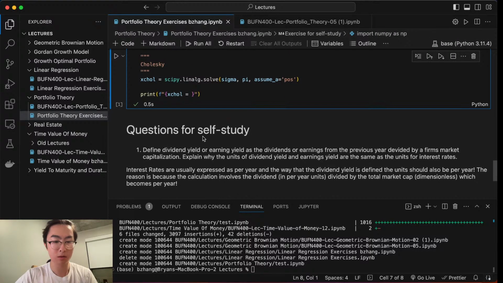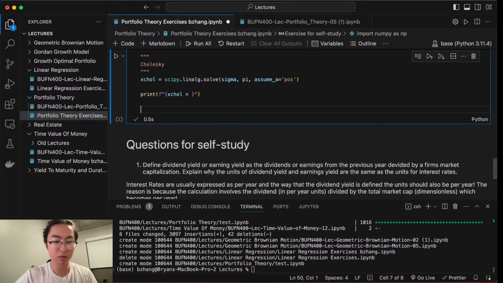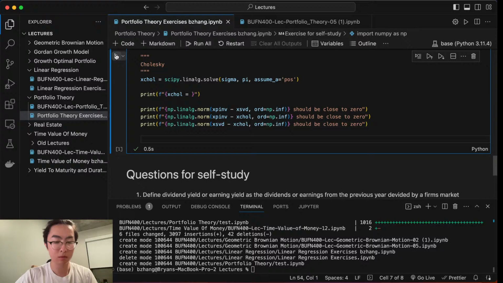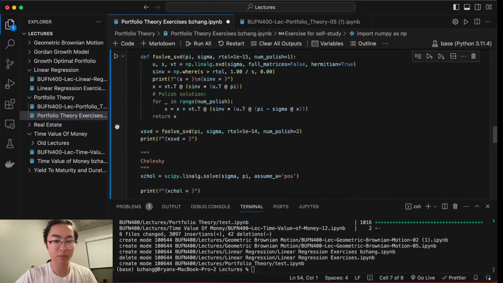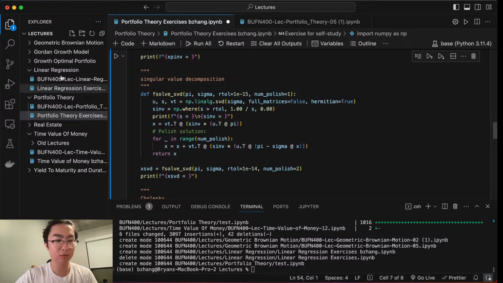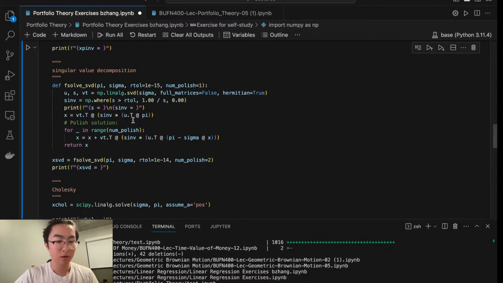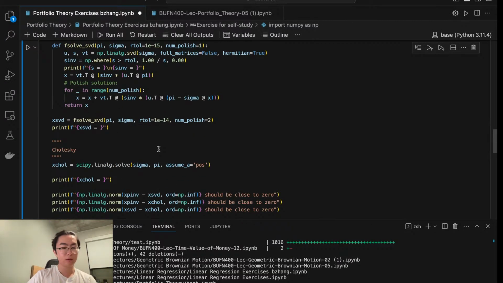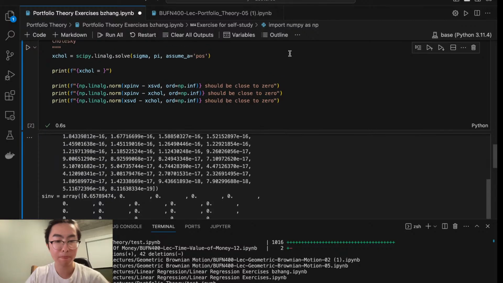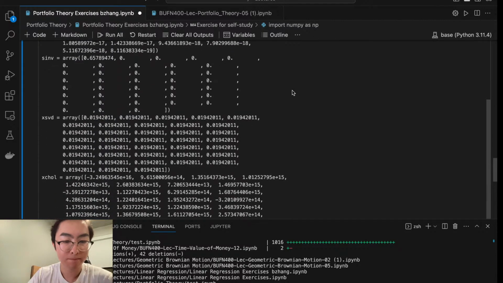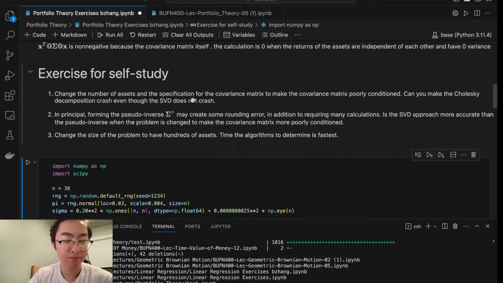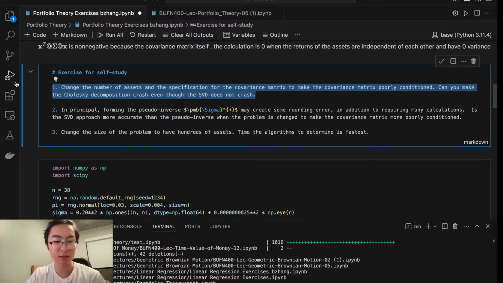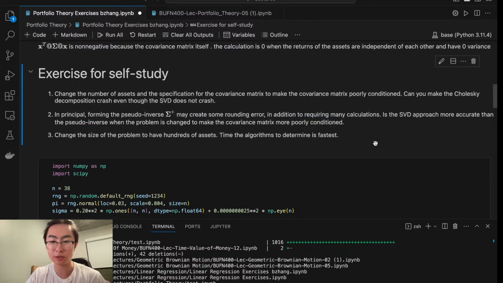Okay. Alright. So change the number of assets in the specification for the covariance matrix.